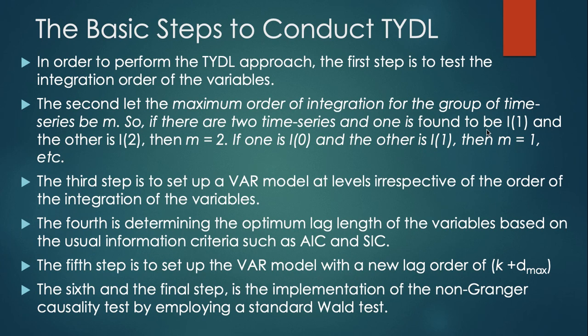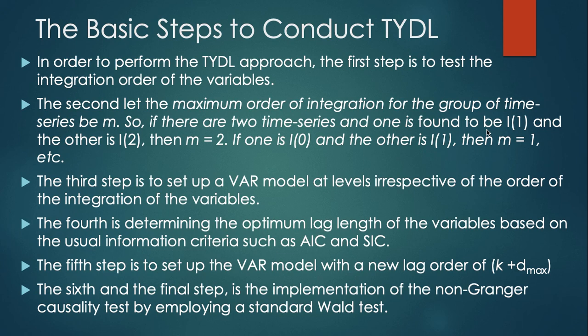The fourth step is determining the optimum lag length of the variables based on the usual information criteria such as AIC and SIC. Then the fifth step is to set up the VAR model with the new lag order of k plus dmax. And the last is the implementation of the non-Granger causality test by employing a standard Wald test.